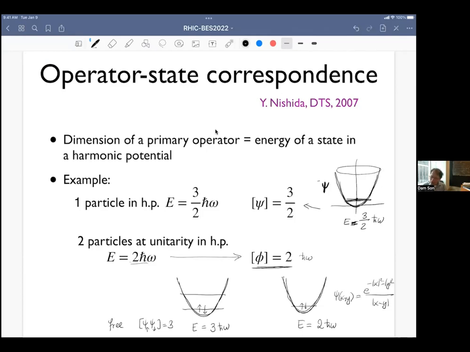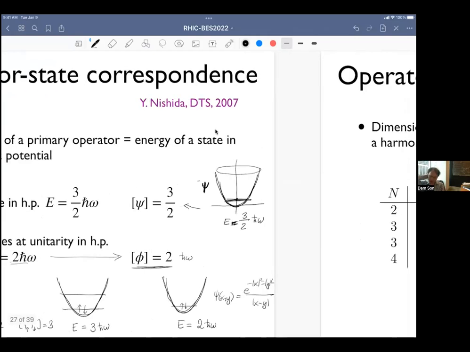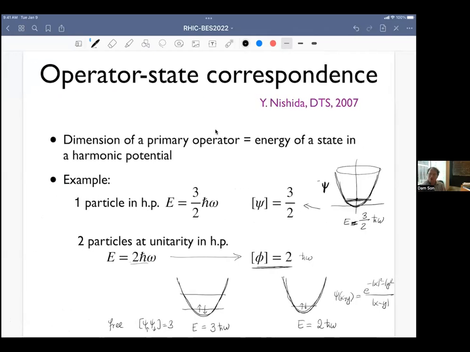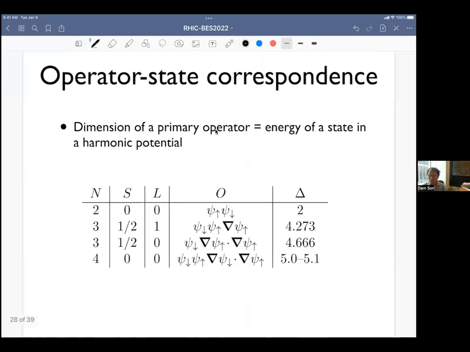So that allows one to read out the dimensions of operators in the non-relativistic conformal field theory describing unitary fermions by looking at the energy of a state of n particles in a harmonic potential, something that has been computed in Monte Carlo simulations and other methods.